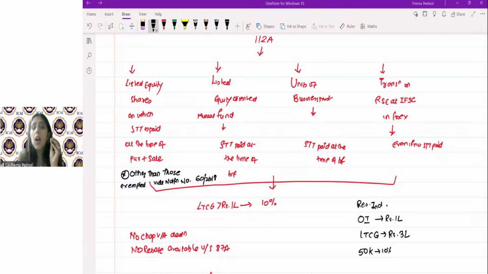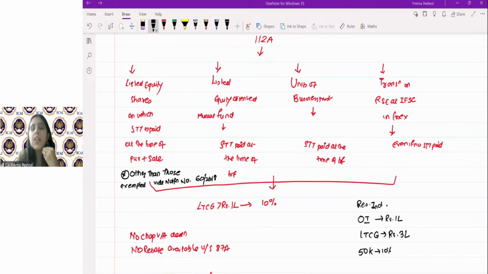Where the acquisition is by a non-resident in accordance with the Foreign Direct Investment Guidelines. Right? In these cases, it will not be considered that these transactions are not genuine.